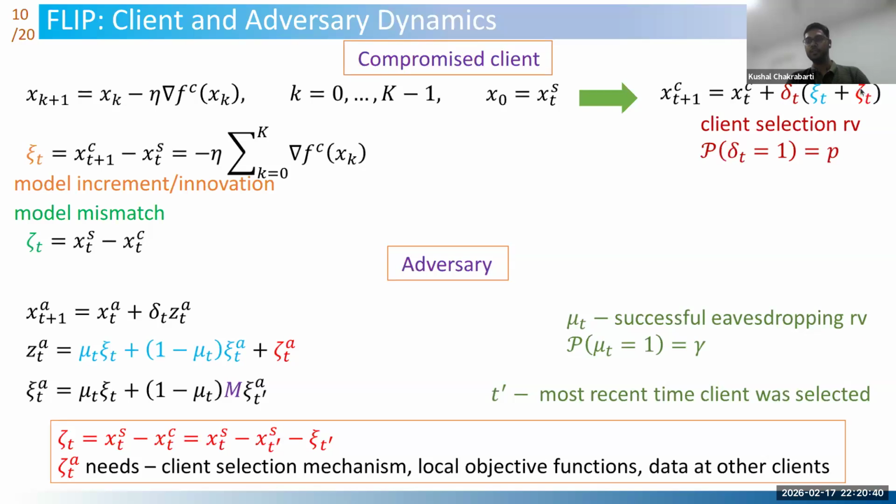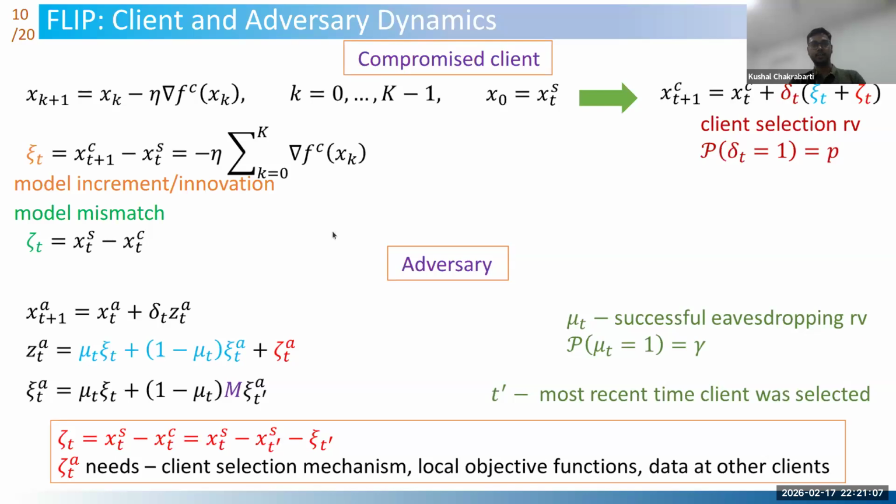Zeta t is the model mismatch between your client and the server. Why is this mismatch important here? Because of this delta t variable, not all the clients are going to participate at every time. Whenever this client is not participating, it doesn't have the latest update from the server, and that creates this mismatch.